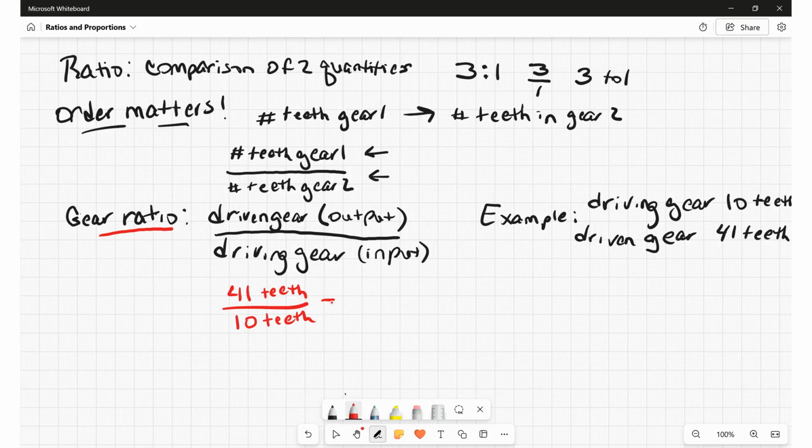And what this means is that the gear ratio ends up being 4.1 to 1. So, what this means is that our drive shaft has to spin 4.1 times to rotate the tires exactly once. So, this is just one example of using ratios.